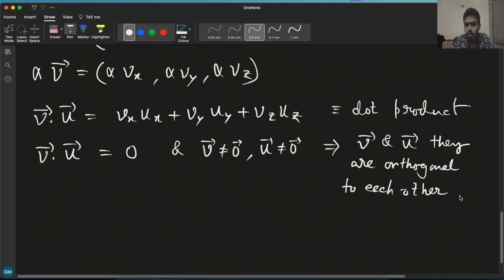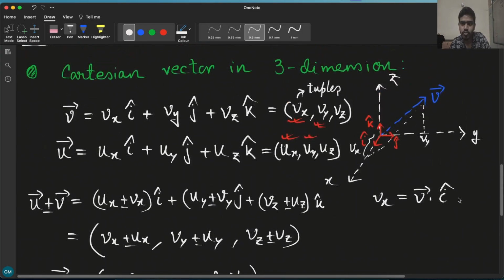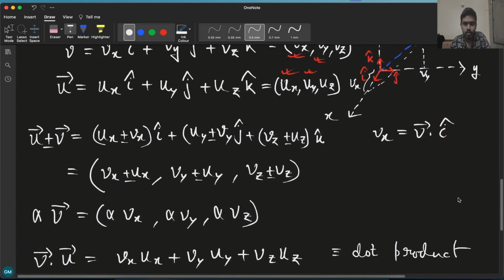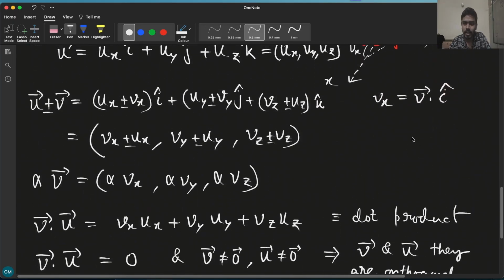Okay. So this is what we know from 10+2 physics, right? So here orthogonality means they have an angle of 90 degrees in between them, they're perpendicular to each other.